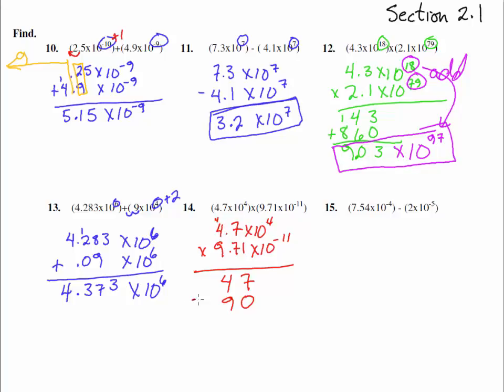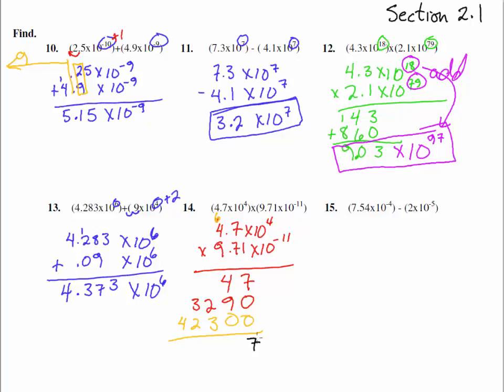Plus 4 is 32. And, oh, we got a third row here, so we put 2 zeros there. 9 times 7 is 63. Put a 6. 9 times 4 is 36. Plus 6 is 42. Dang, maybe we should have switched those and put the 9.71 on top. But we can do it.